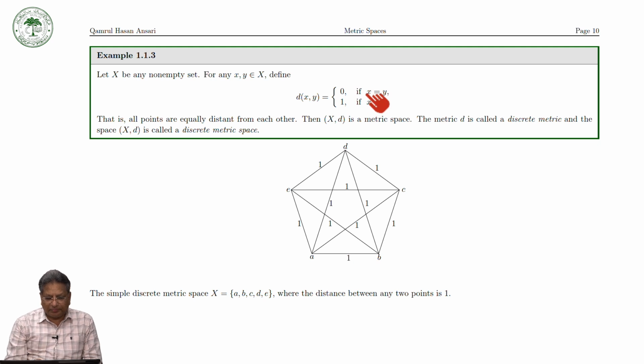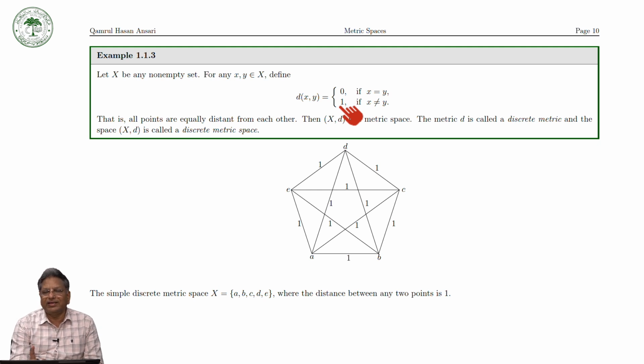The important thing is that this way you can define a metric d, and you will see that this d satisfies all the properties of a metric. How can you say that? Because d(x,y) is equal to 0 when x is equal to y, and it is equal to 1 when x is not equal to y. In any case, whether x is equal to y or not, the value of d(x,y) is either 1 or 0.